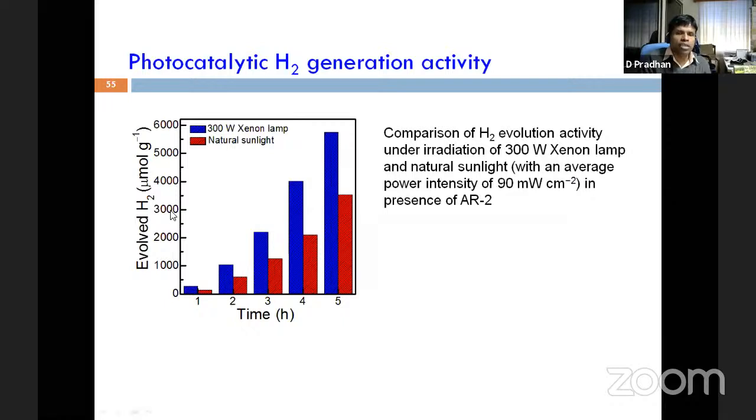Natural sunlight intensity was a little lower, but still, using natural sunlight, the performance was found to be quite good, which is more important for practical application if we want to carry forward to large scale production of hydrogen.